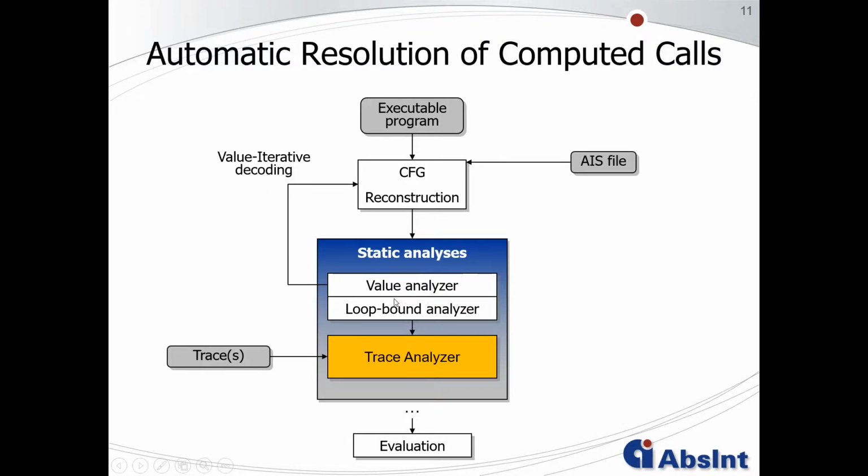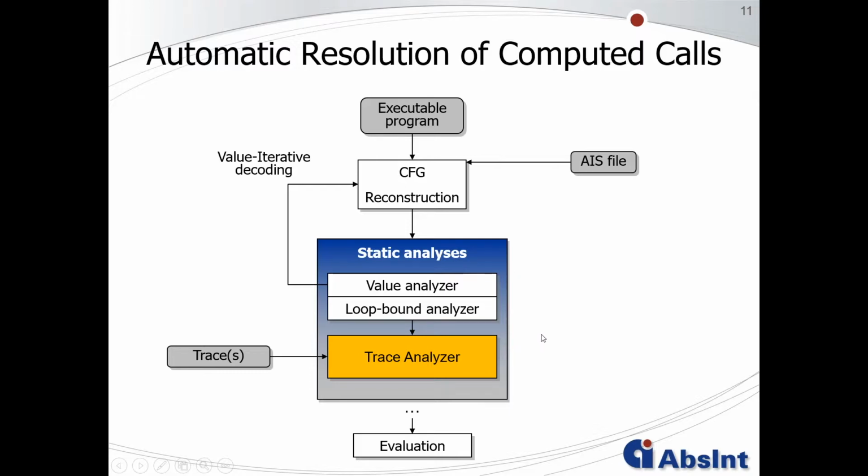That means it's the play together between the value analyzer and the decoder. As soon as the value analyzer detects potential addresses, target routines, it reports them back to start the decoding process over again in order to have a complete call and control flow graph.